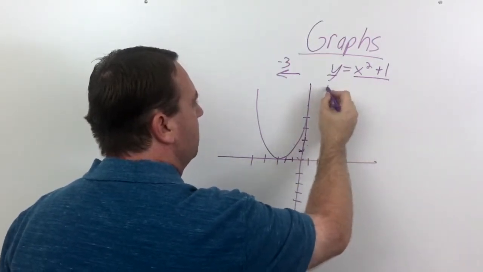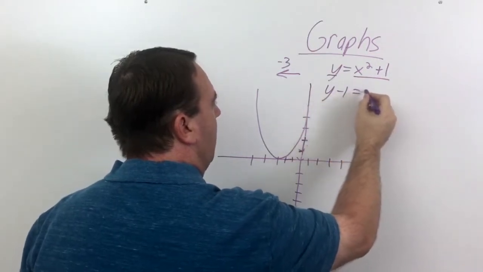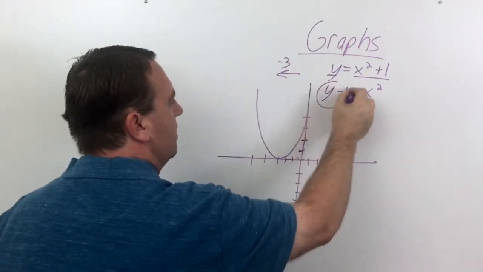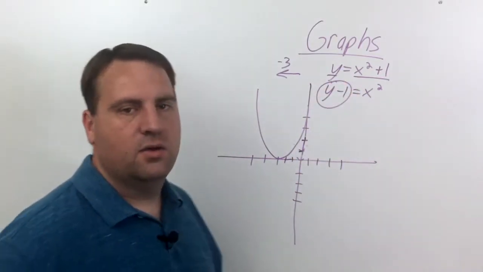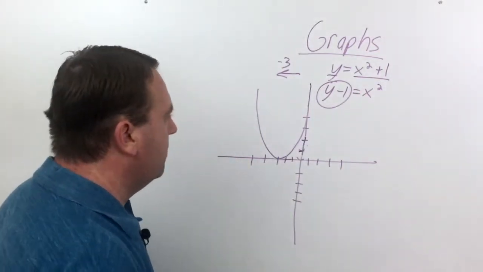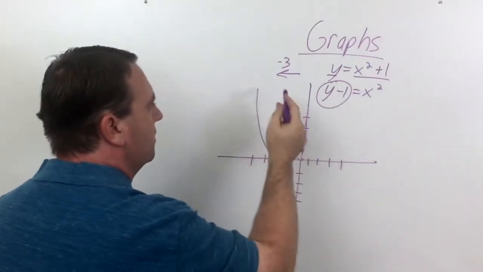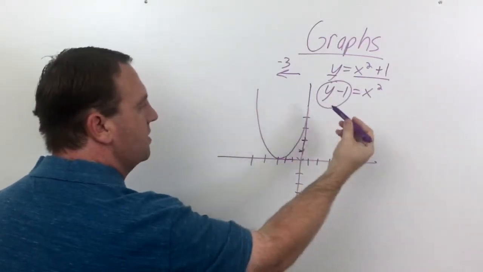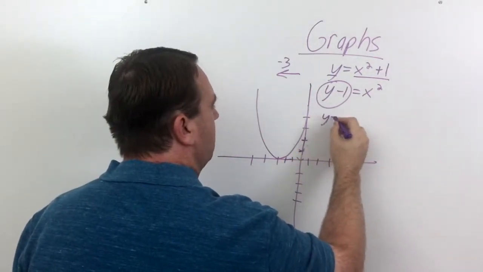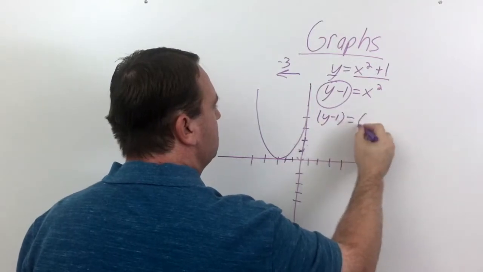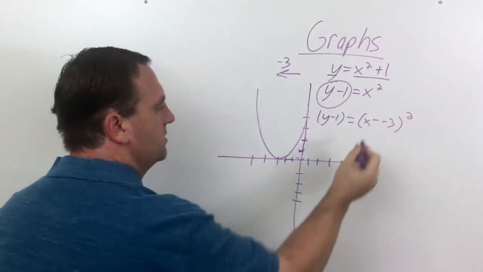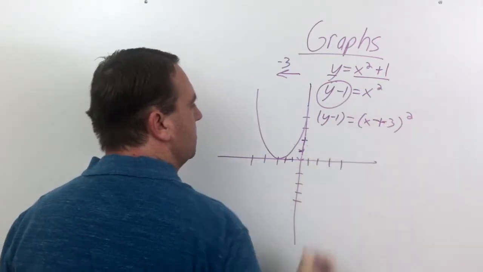If I subtract 1 from both sides, I get y minus 1 equals x squared. So I have replaced my y with y minus 1, and that moved the graph up. And likewise, if I replace my x with x minus 3, it'll move the graph to the left. Okay, so I can say y minus 1 equals x minus 3 squared. And this is the same as x plus 3.